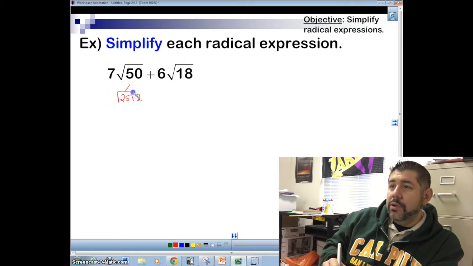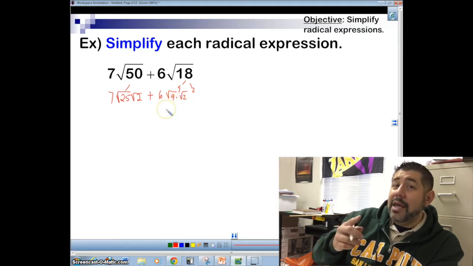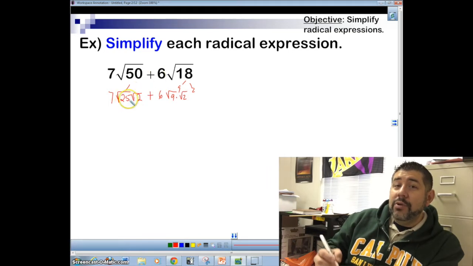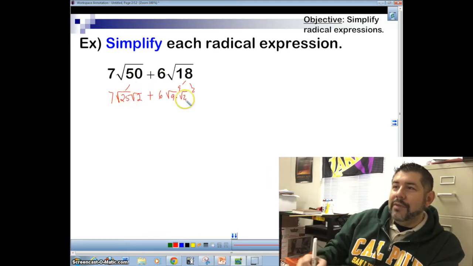All right, so we square root those separately. One of the mistakes that students make a lot, and this is 9 and 2, is that they tend to bring the 2 out and leave the 9 in, which doesn't quite make sense, right? Because it's the square root of 25 that equals 5, not the square root of 2. So I've seen this a lot. Okay? Don't do this.